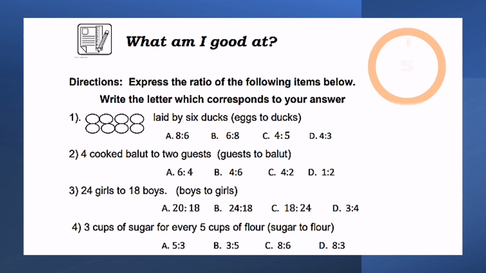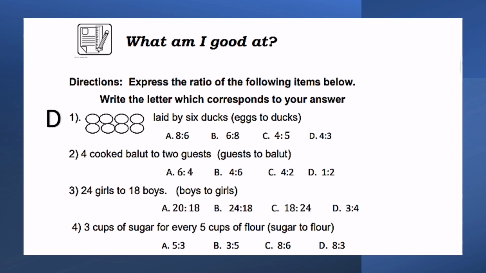Number 1. Eggs laid by 6 ducks. Eggs to ducks. Timer starts now. And the answer in number 1 is letter D, 4:3.